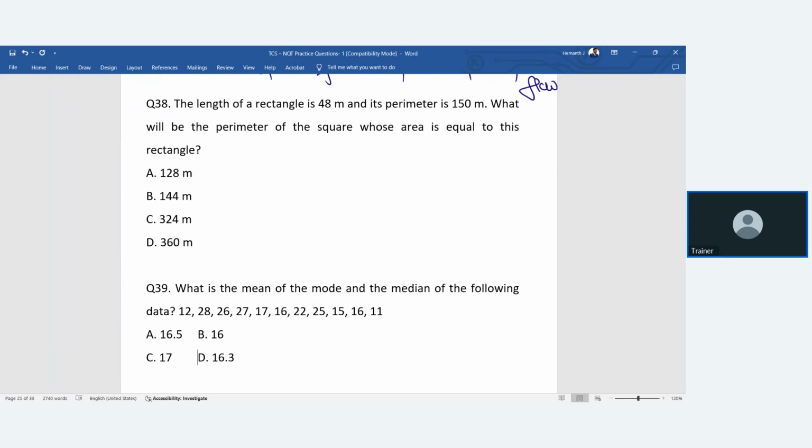Length of a rectangle is given, perimeter is given. Now they said, what will be the perimeter of the square whose area is equal to that of the rectangle?